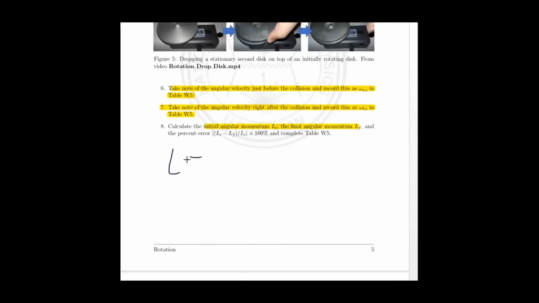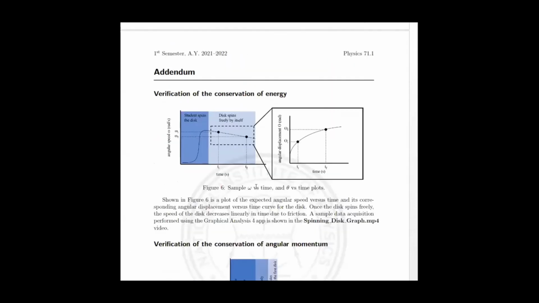L is equal to I omega. So you can use this formula here. So the percent error is given by this formula here again. So gamitin nyo lang ito to complete table 5.